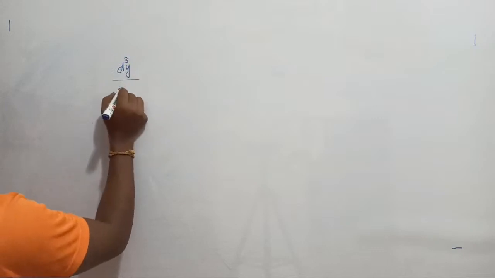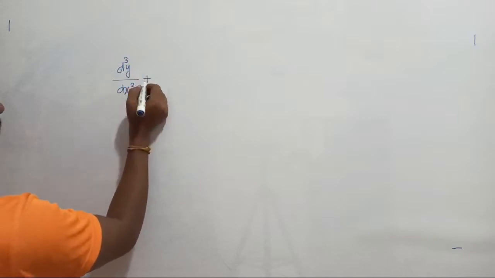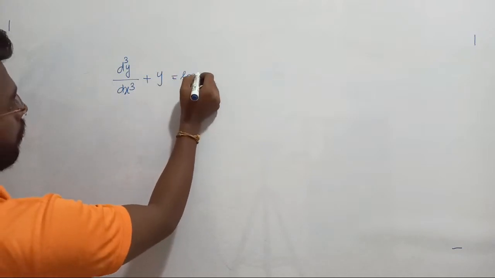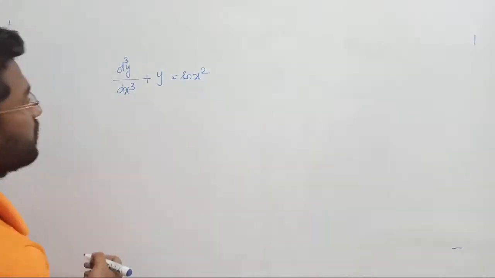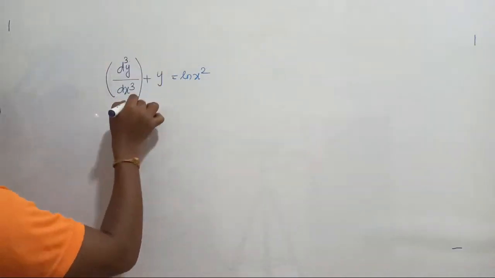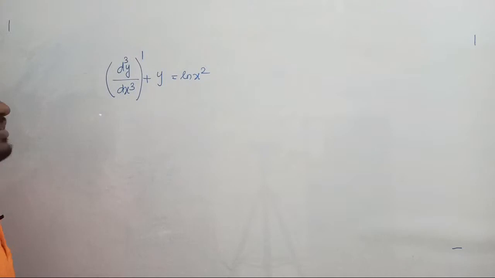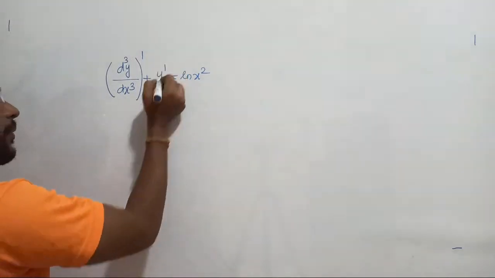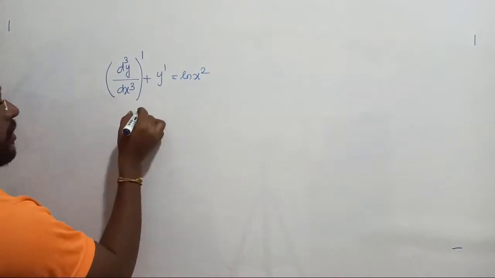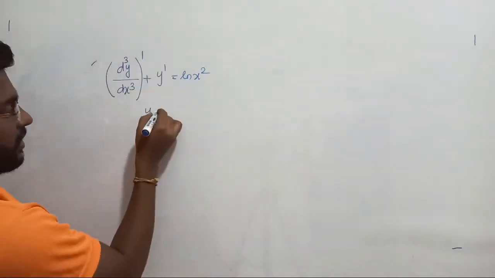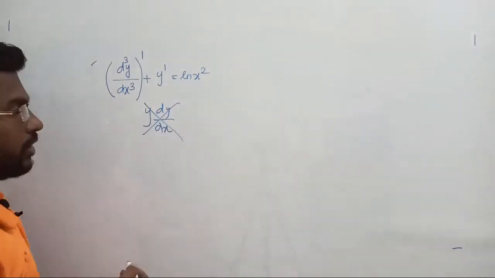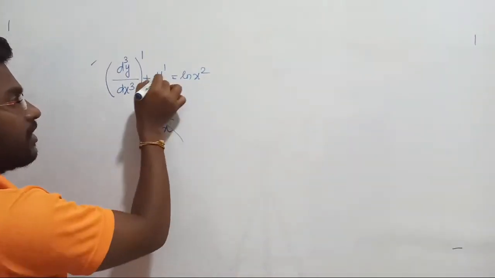d cube y upon dx cube plus y equal to ln x square. Is it linear or non-linear? Linear. Why? Because the degree of the differential coefficient is 1 and the dependent variable is 1. What did I say? The first condition is satisfied; the second condition is that there is no cross product like y into dy by dx, so that is also not there. Next, there are no transcendental terms either.